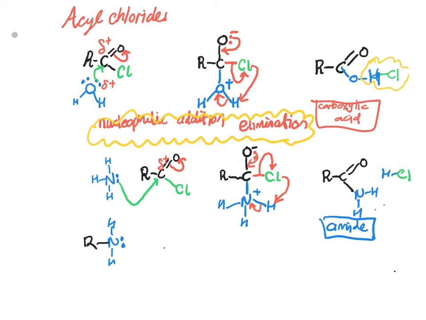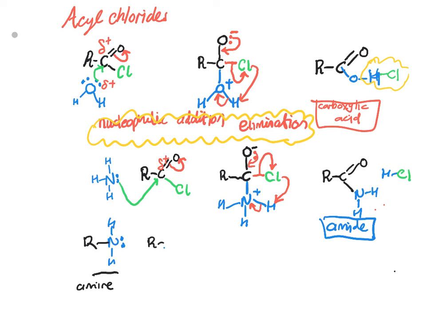An amine, here we have a primary amine, which is just an organic derivative of ammonia, where one of the hydrogens has been replaced by an alkyl or an aryl group. The mechanism is identical as with ammonia and with water. So you can spot the pattern. There is nothing new happening at all.